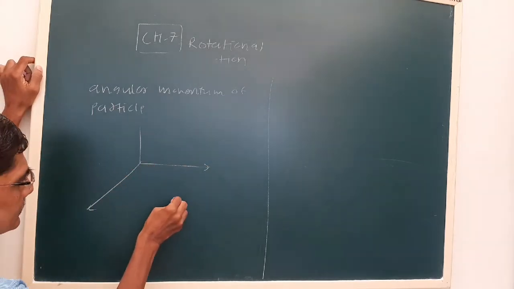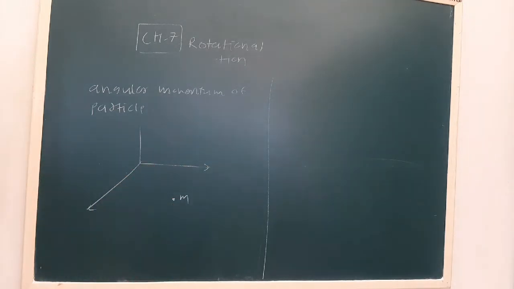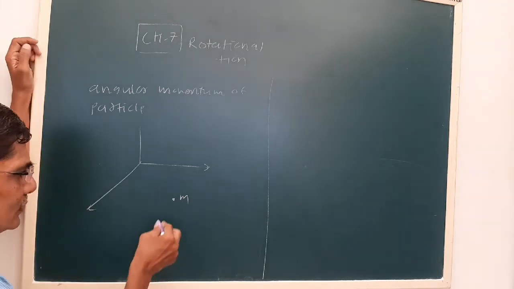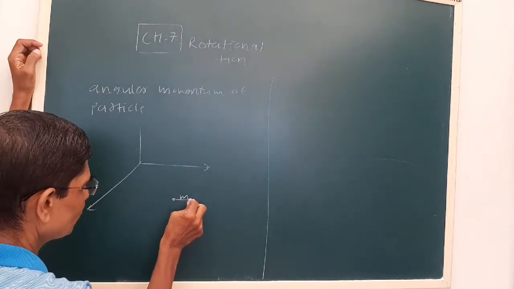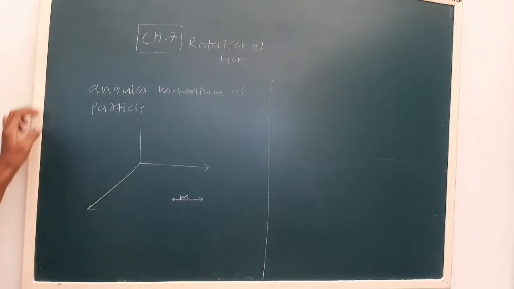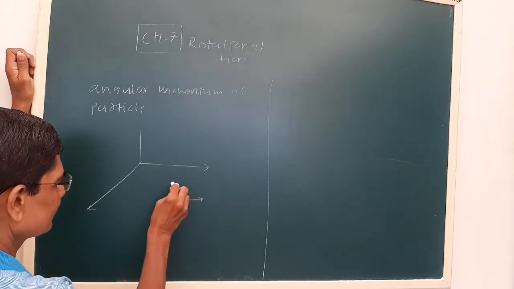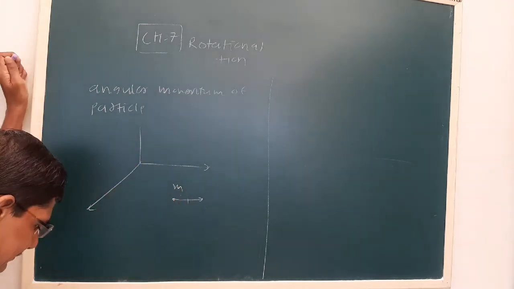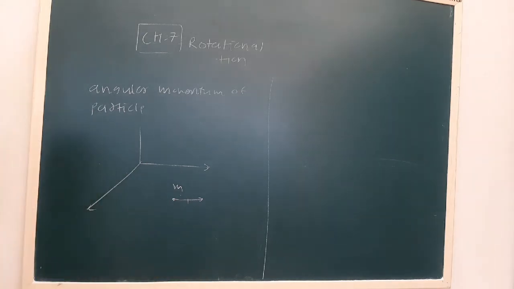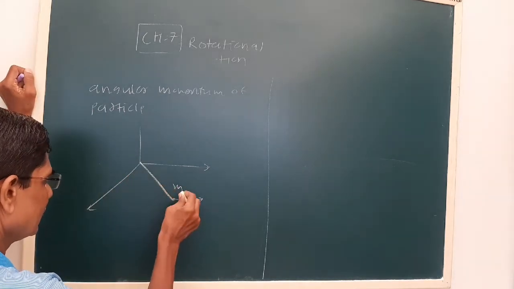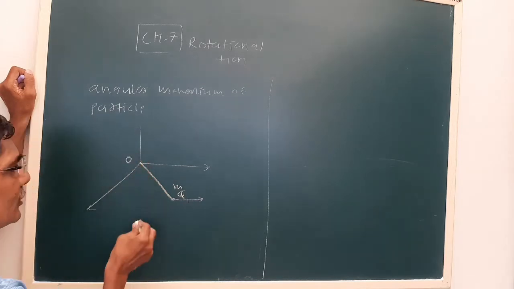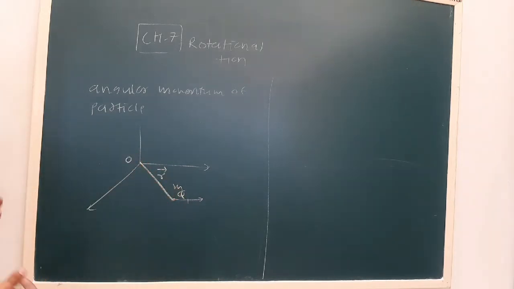Now let's say the mass of the particle is m, and it is moving with velocity v. m is the mass of the particle, which has a position vector OQ with respect to the origin.